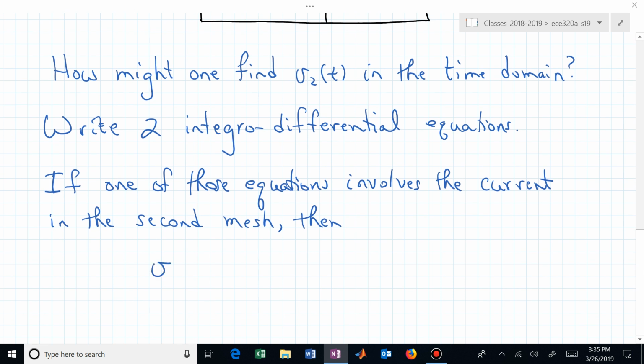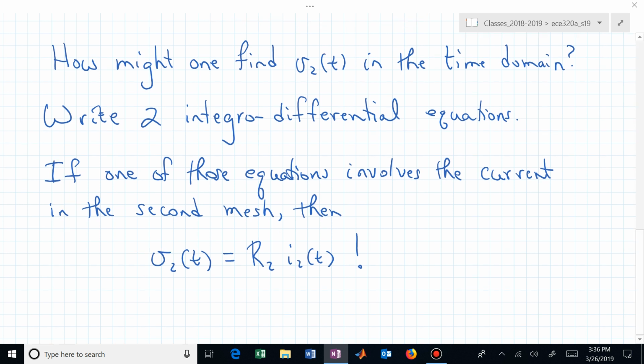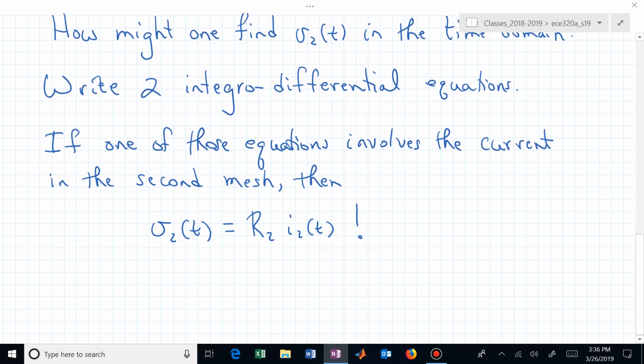Then we know that we could simply find V sub 2 of t by scaling that mesh current I sub 2 of t by the resistor R sub 2. And then we have V sub 2 of t. If that's the way that we approach this, then we're looking at solving either a second order differential equation or 2 coupled first order differential equations.